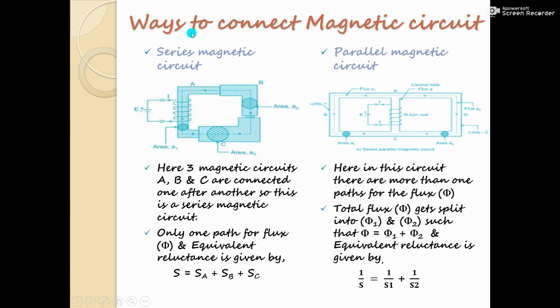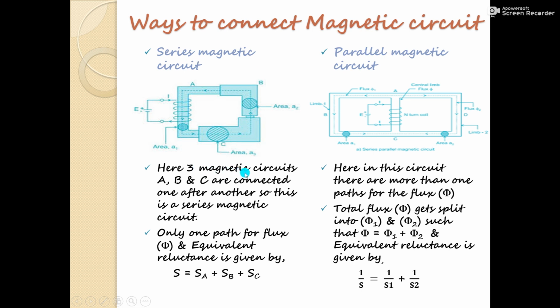Now let us see what are the ways to connect the magnetic circuit. Like we have seen in the electric circuit, there are two ways to connect the electric circuit. Those are series and parallel circuit. Here also we can connect the magnetic circuit in two ways. First we have series magnetic circuit and second we have parallel magnetic circuit. Let us see series magnetic circuit.